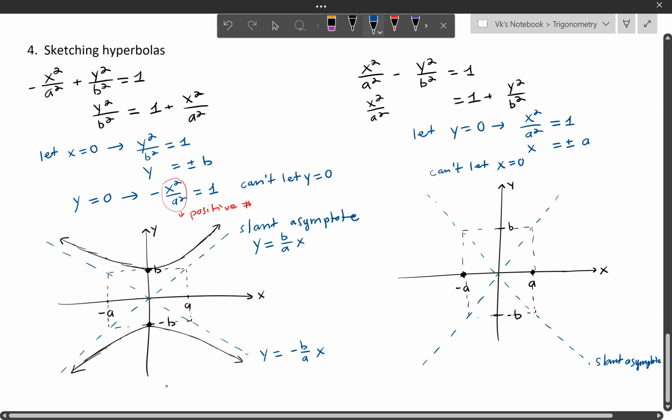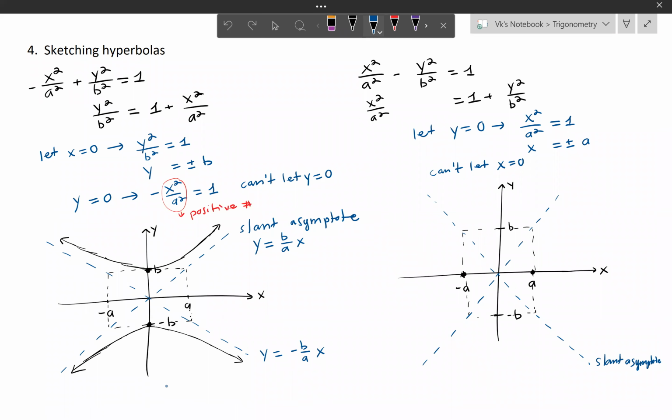The slant asymptotes are the same, so that is y equals minus b over a x, and up here y equals b over a x, and we sketch the hyperbolas so that the vertices are a and minus a.